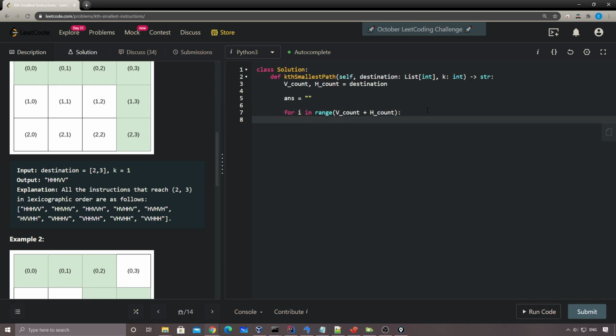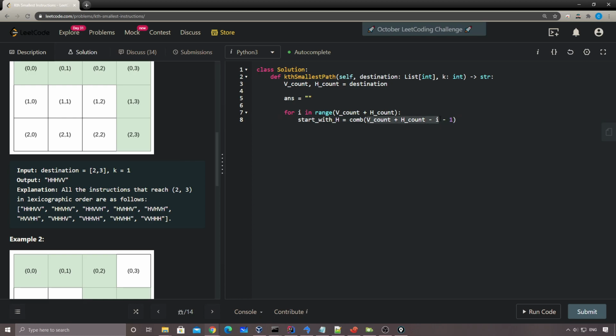And then here I'm going to have start with H. So all the numbers that start with H, how many do we have? In Python, we have built-in combination functions that can help us do that. So we have minus I and minus 1, because that's the current.